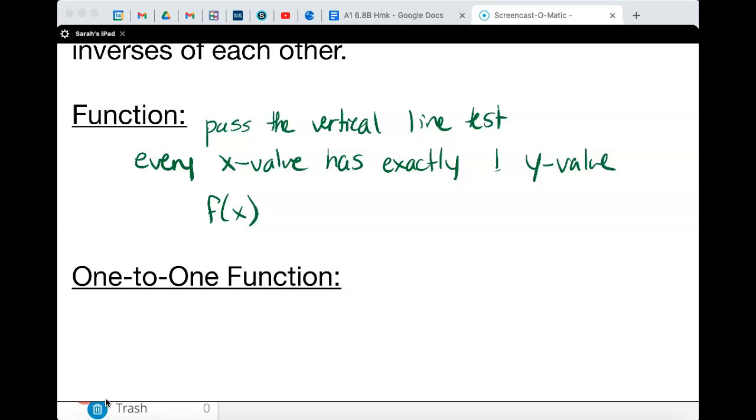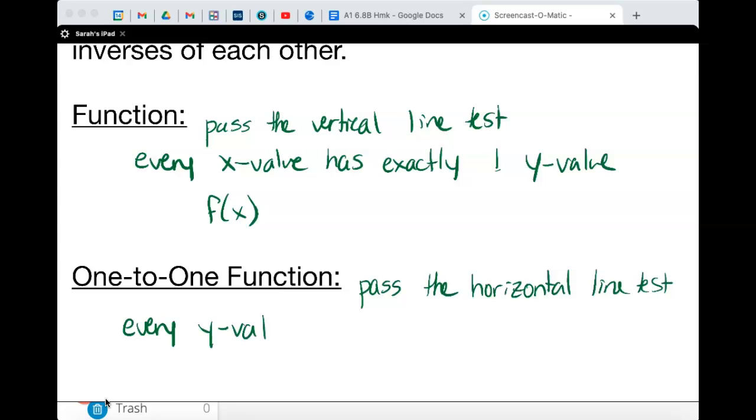So basically, it's like the complete opposite of all of this stuff. So for it to be a one-to-one function, it has to pass the horizontal line test. Okay. And then instead of every x value has one y value, we have every y value has exactly one x value.